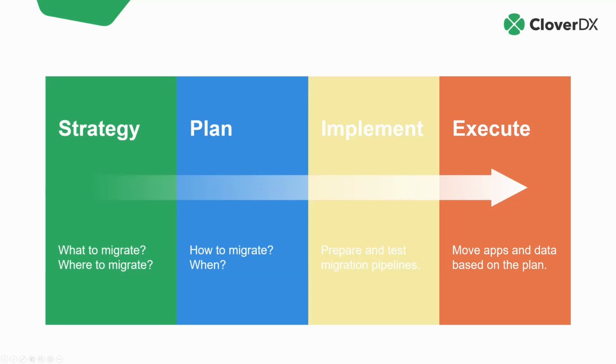When we have a plan, we implement all the pipelines and everything that will help us to migrate the data from the source systems to the new one. And when everything is implemented, tested, and ready to be executed, we proceed to the execution phase.